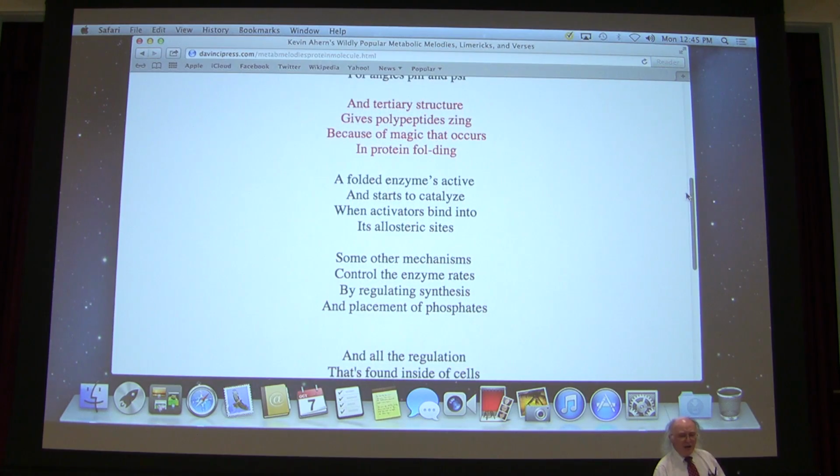And tertiary structure gives polypeptide zing because of magic that occurs in protein folding. A folded enzyme's active and starts to catalyze when activators bind into its allosteric sites.